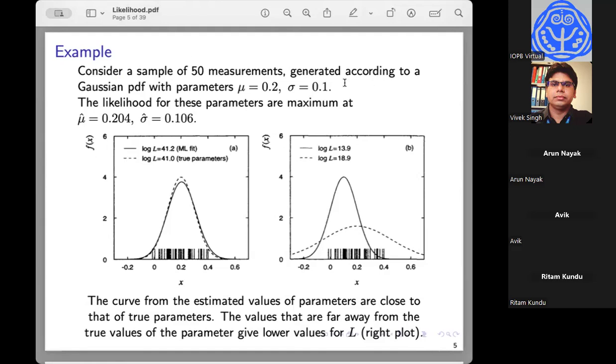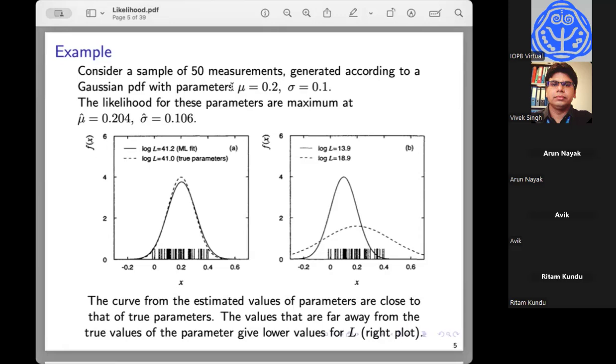Just generate 50 or 100 measurements. Sorry, this is not the exponential decay, this is simply the Gaussian, with two parameters, mu equal 0.2 and sigma equal 0.1 as the true values used to generate 50 measurements. Now we assume that these 50 measurements are actually observations.